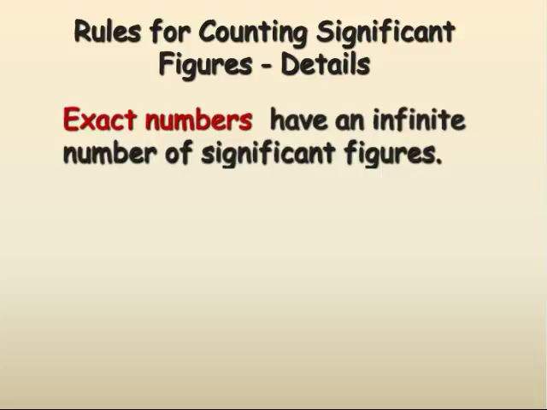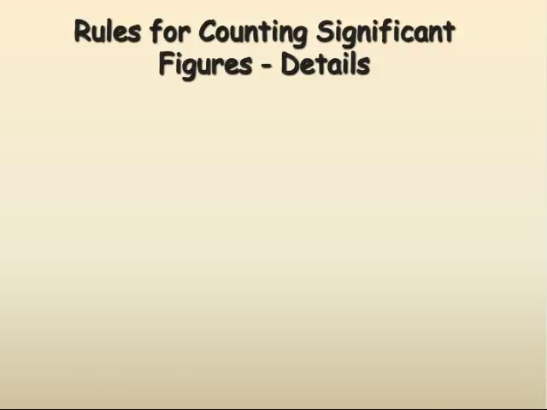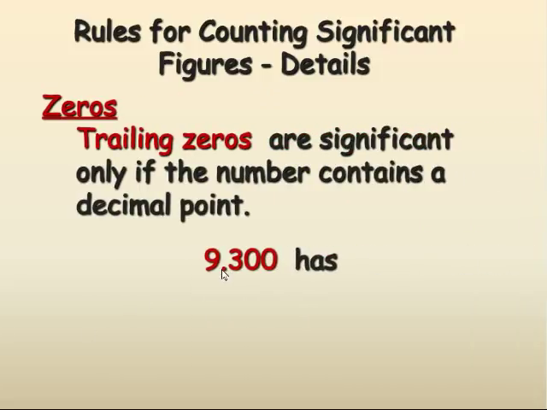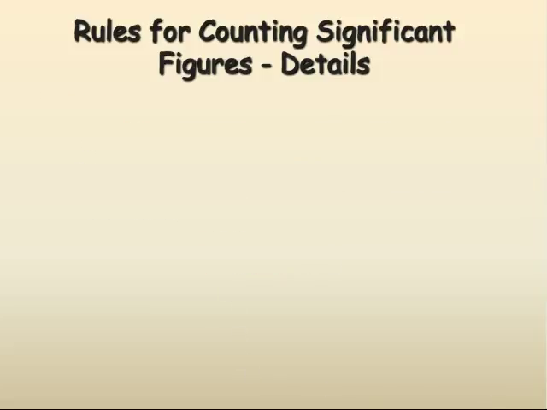And I should say, if there is no decimal, those trailing zeros are not considered significant. So if I use the same example, but I tell you to ignore this decimal right here, there'd just be 2 significant figures. These would no longer be significant if there were no decimal. I know right there, there is.